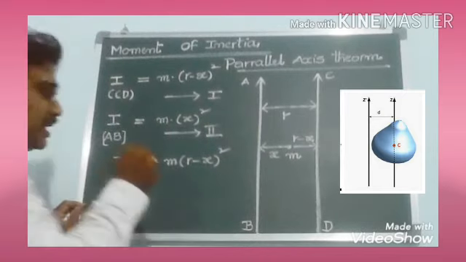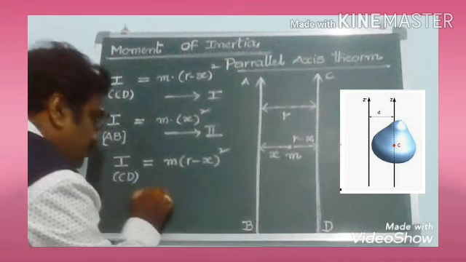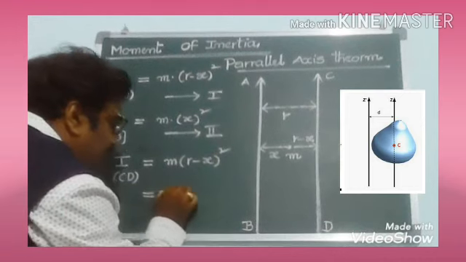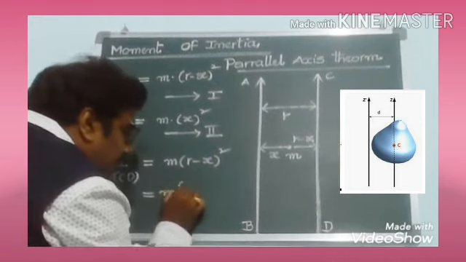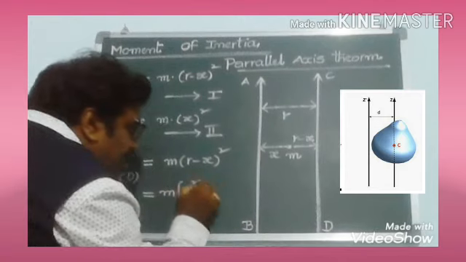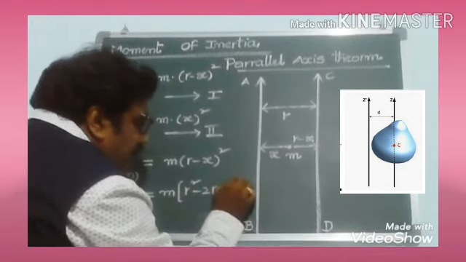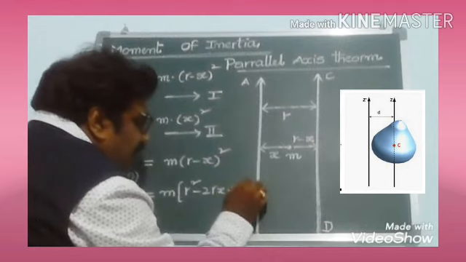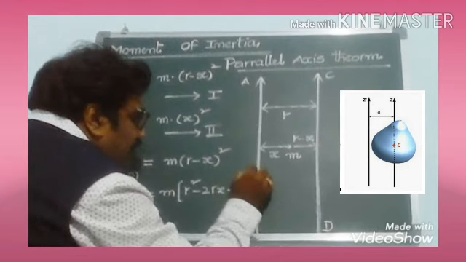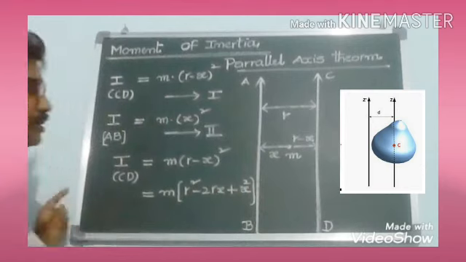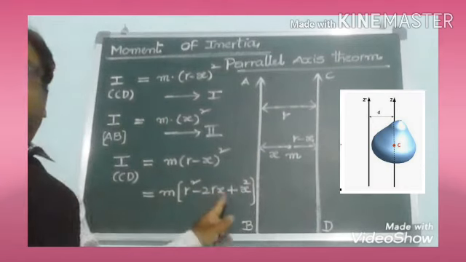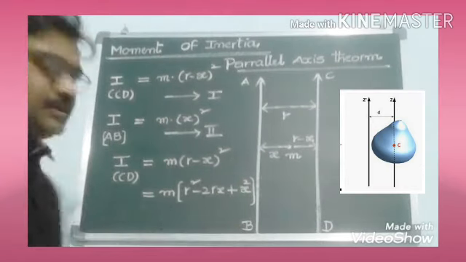That equals m into r square minus 2rx plus x square, since (a minus b) whole square expands as r square minus 2rx plus x square.